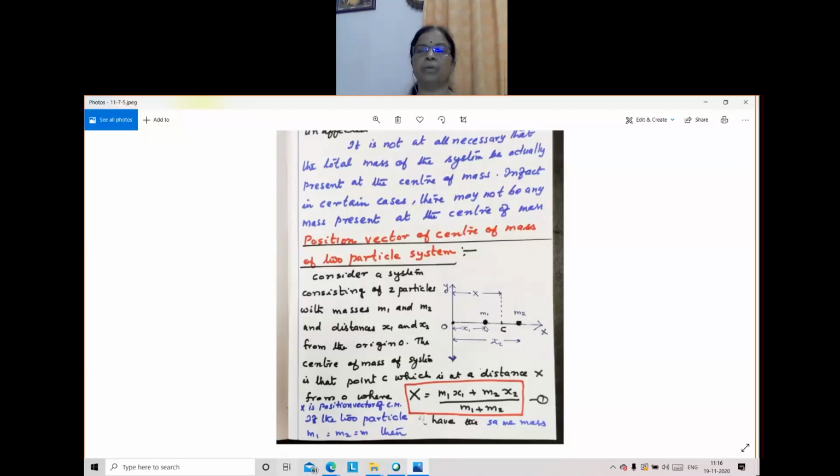One mass is smaller, the other is greater; they have different masses. So how many particles are there in the system? Two particles. Which are their masses? m1 and m2. What are their distances from the origin? x1 and x2, correct.